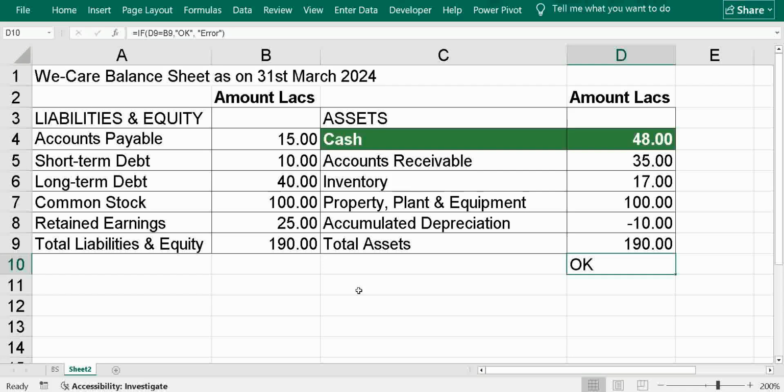In opposite side, liability side, if liability increases, cash also increases. Okay, I just show you. I increase by 3.